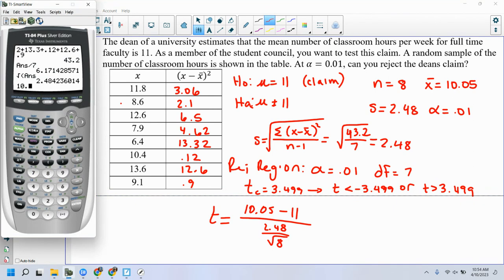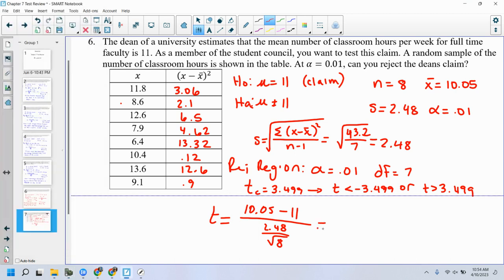So 10.05 minus 11, divided by 2.48 divided by the square root of 8. Oh, it's way too low. Negative 1.08.